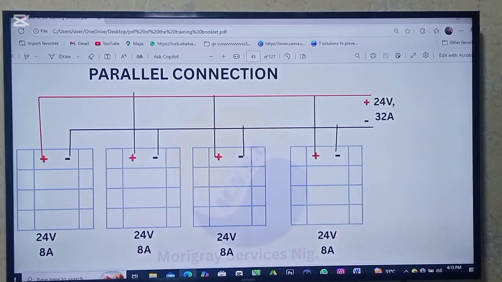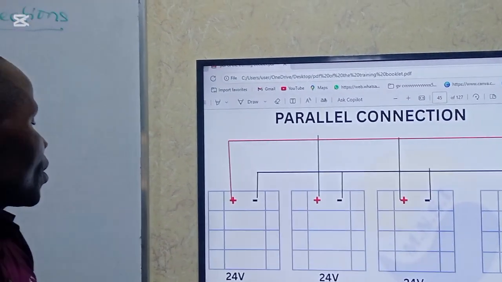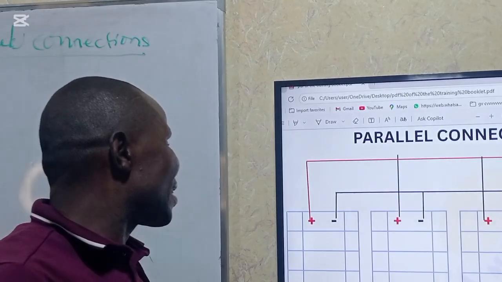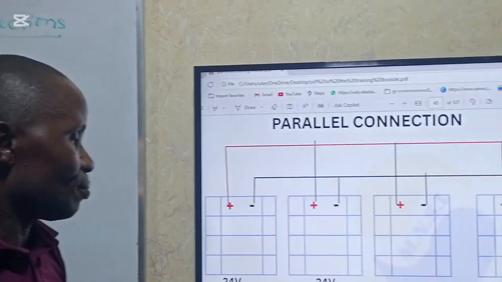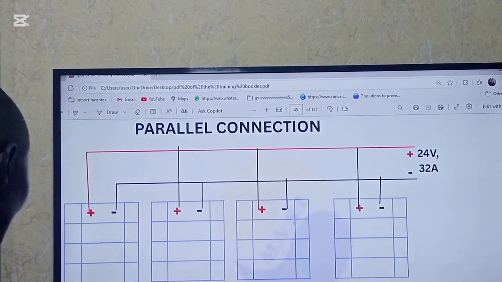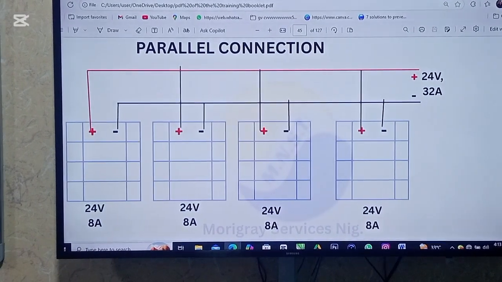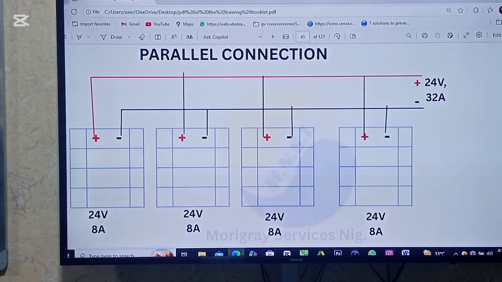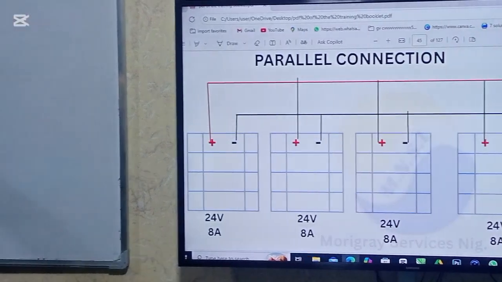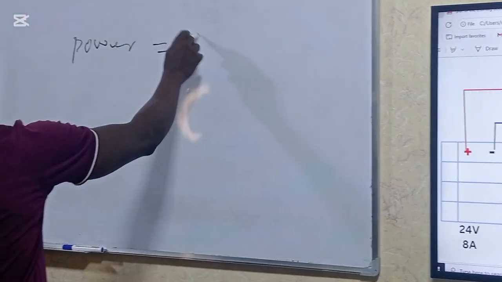And in this class, we are using a 24 volts, 8 amps solar panel. In other words, in this 24 volts, 8 amps solar panel that we are using, power is equal to what?